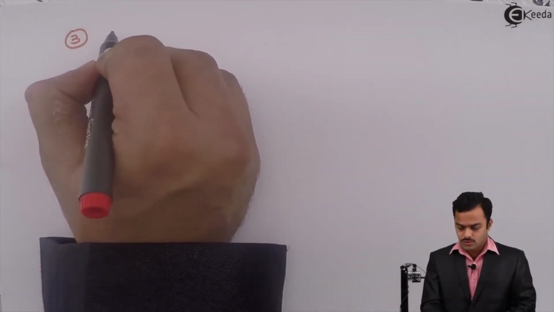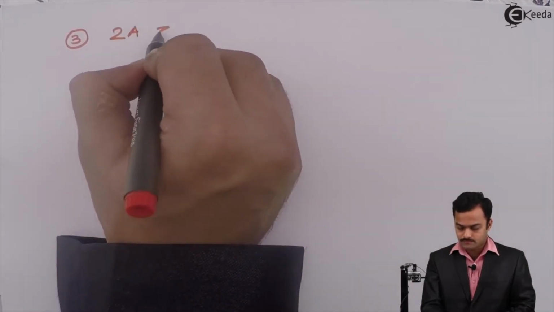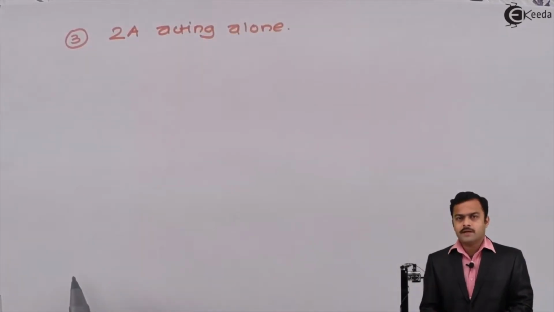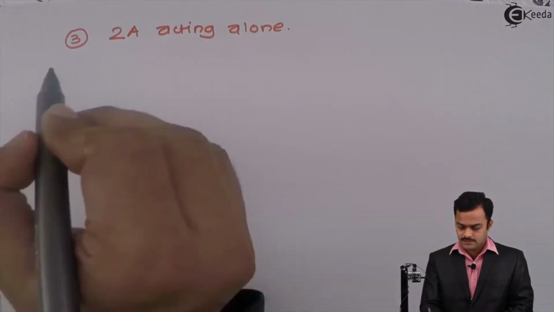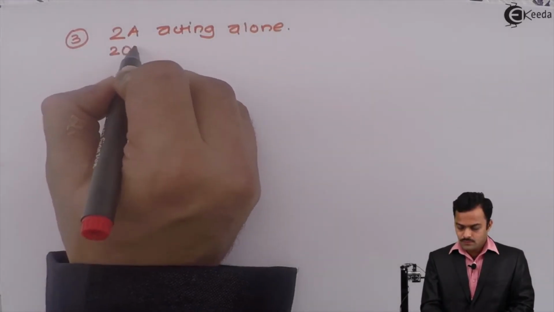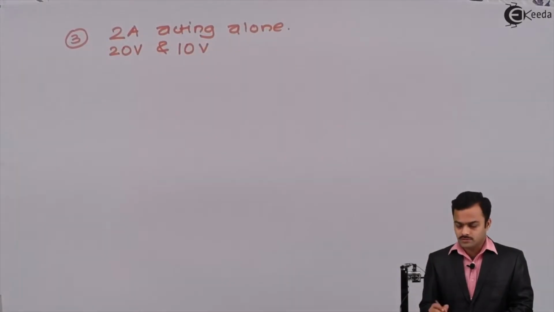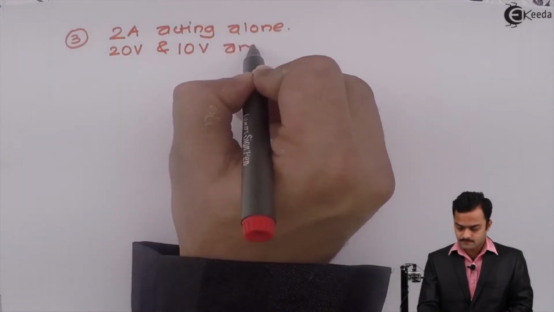So consider 2 ampere acting alone. Remaining two sources are voltage sources, 20 volt and 10 volt. Being a voltage source, I will short circuit that.